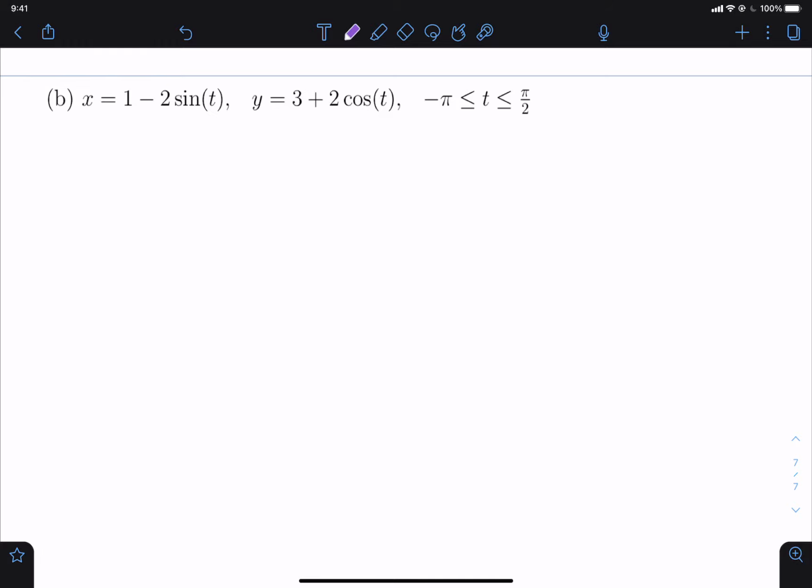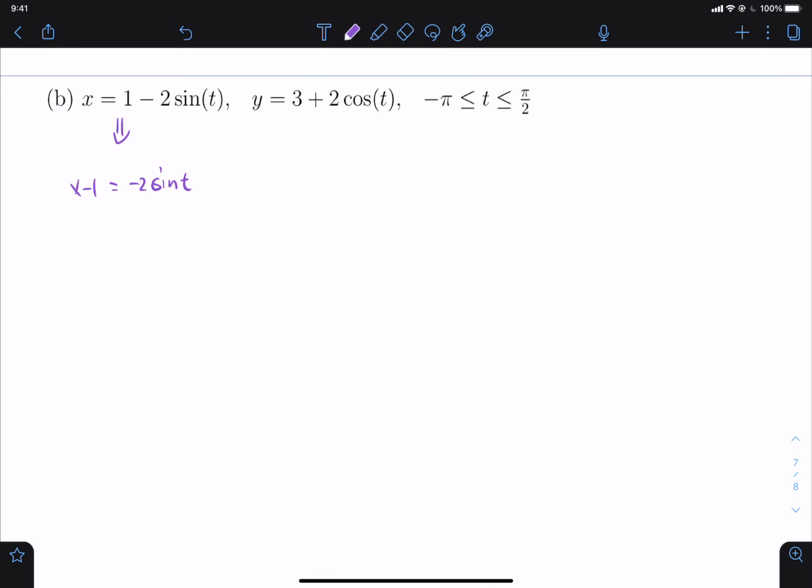Okay, so we have the sine thing, cosine thing here. And the typical thing to do is to use that sum of squares equal to 1. So we're going to create cos square and sine square in this case. For this, we turn that into x minus 1 equal to negative 2 sine t.